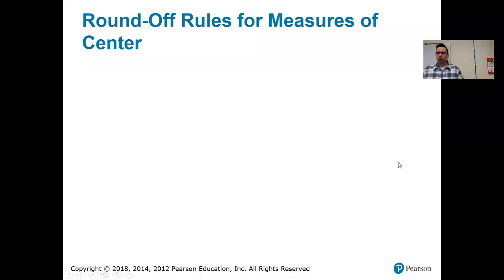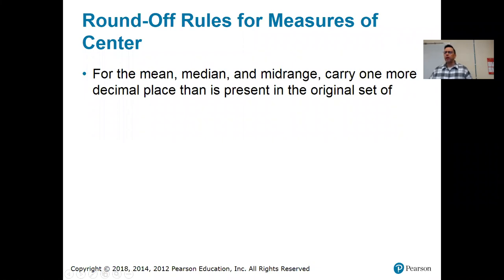Okay, round-off rules. For the mean, median, and mid-range, carry 1 more decimal place than is present in the original set of values. So in the example that keeps coming up over and over with the 5 data speeds, those were all rounded to 1 decimal place, and that's why they reported the mean, the median, and the mid-range to 2 decimal places.